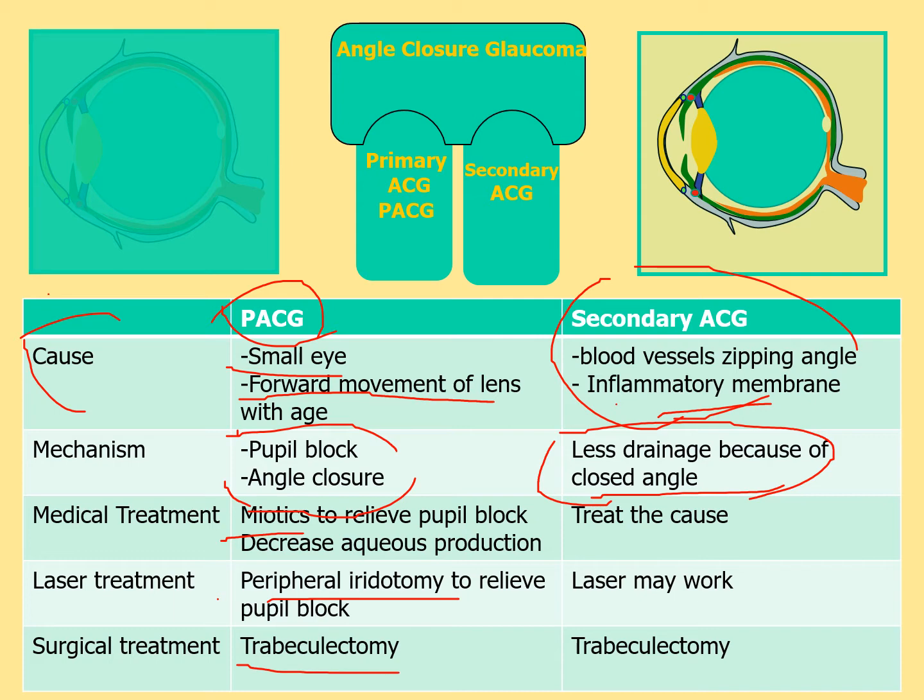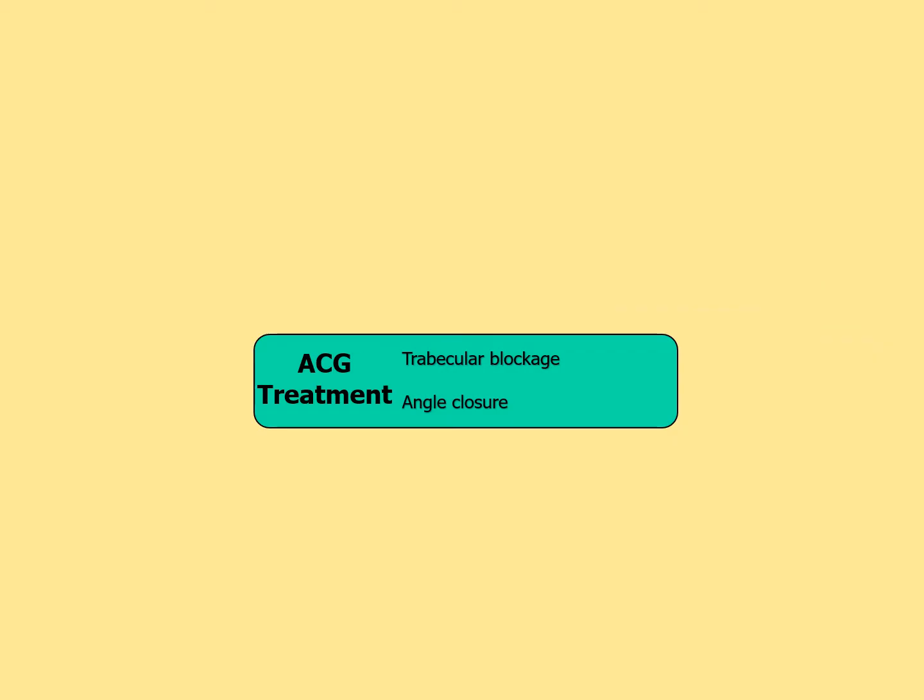For secondary angle closure glaucoma, you have to treat the cause. If the cause is an inflammatory membrane, you treat the inflammation. If the cause is new vessels, you treat the new vessels, and that reduces the chances of developing further angle closure glaucoma. Laser may or may not work, and trabeculectomy is the last resort. So now, the treatment of angle closure glaucoma.